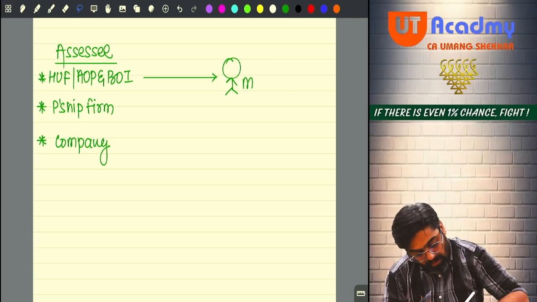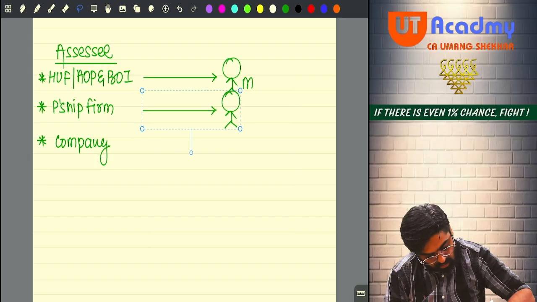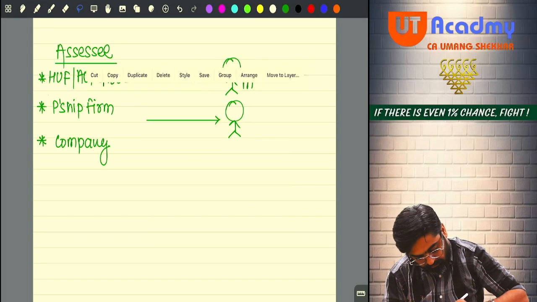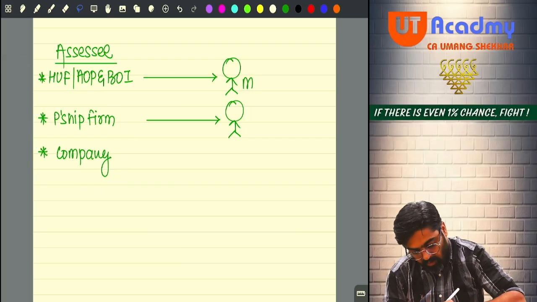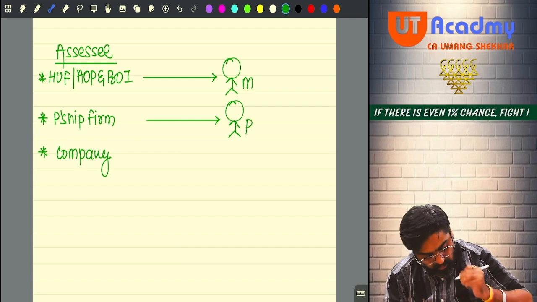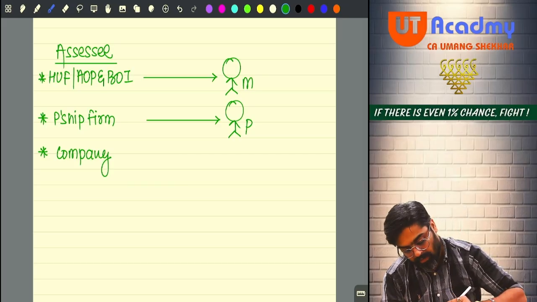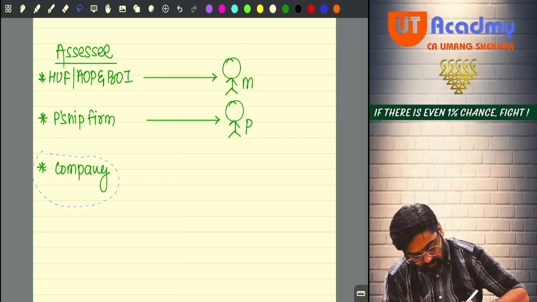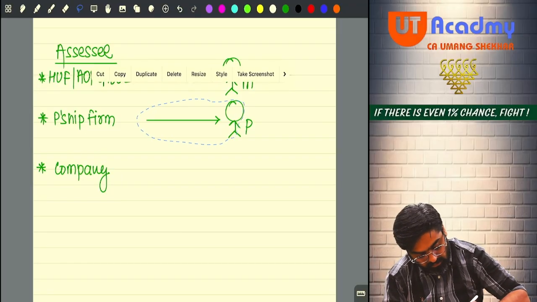Or the payment can be made by the partnership firm to any of its partners. M for member, P for partner. Or if the company is making the payment, the company can make that payment to any of its directors.